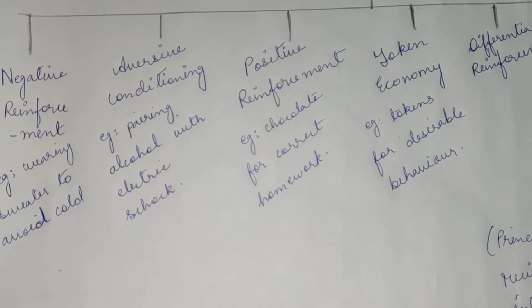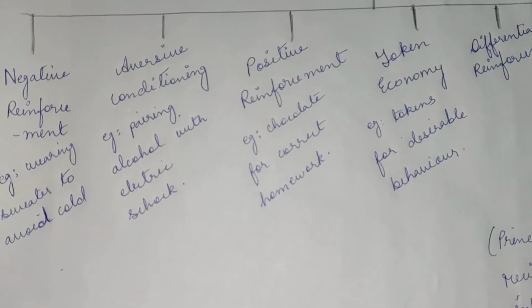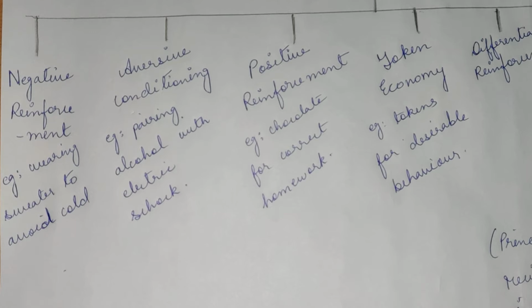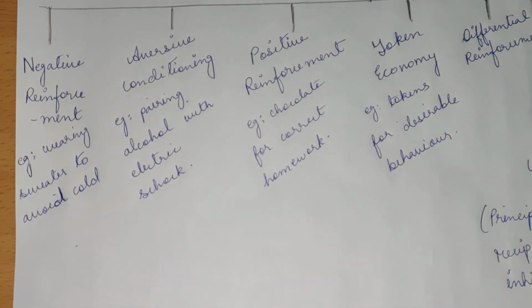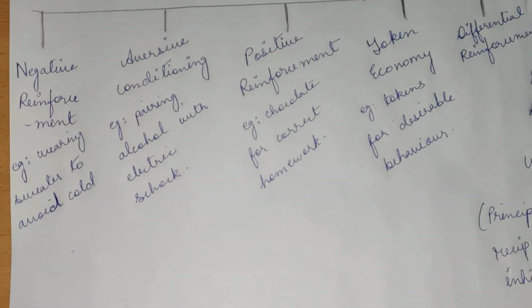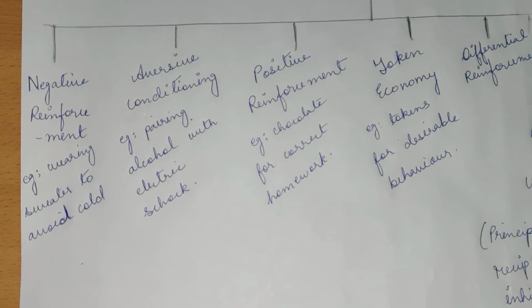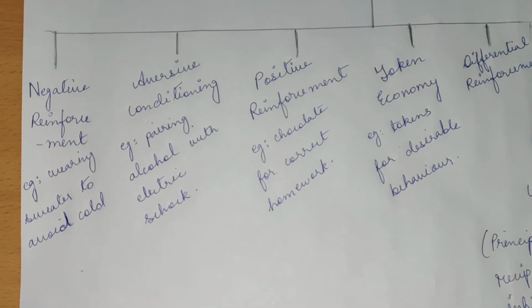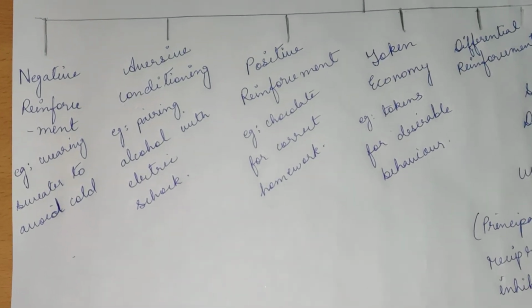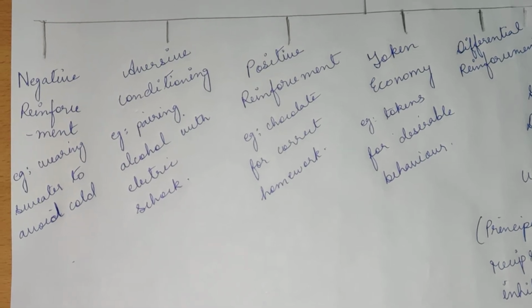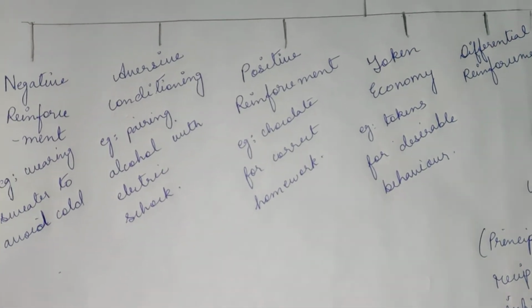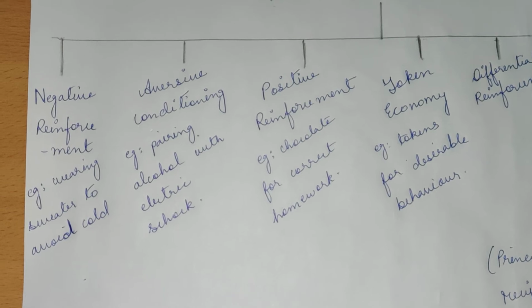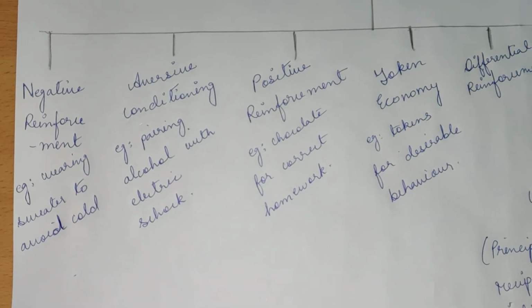So what you do is you let your client take a sip of alcohol or just smell alcohol, and immediately after that you give an electric shock to the client. You do this on a regular basis, and at some point your client is going to stop consuming alcohol because your client will relate consumption of alcohol to electric shock.